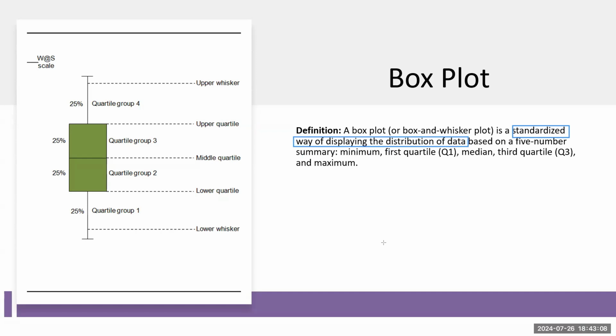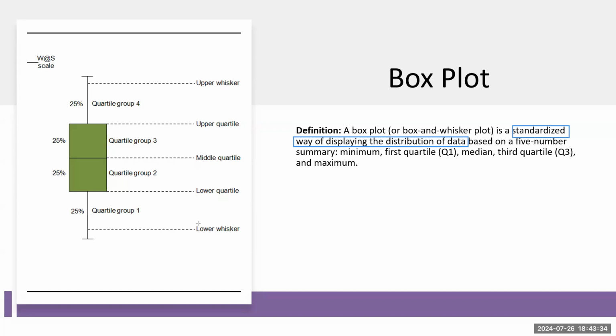Okay. The next thing we need to understand is it has 5 number summaries. So you want to understand the distribution of data in these 5 summaries. What are the 5 summaries? The minimum. Okay.